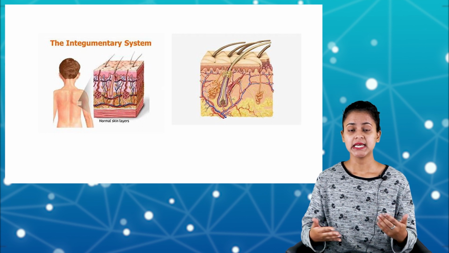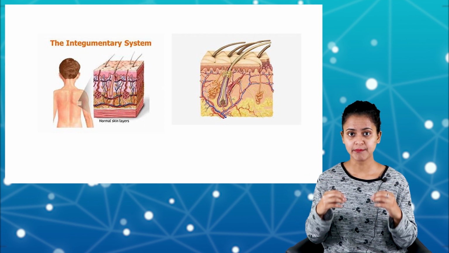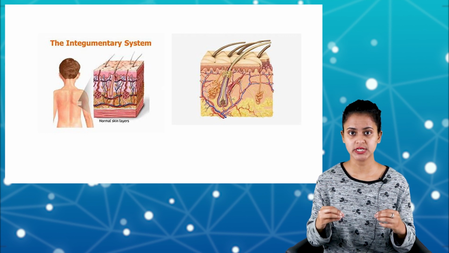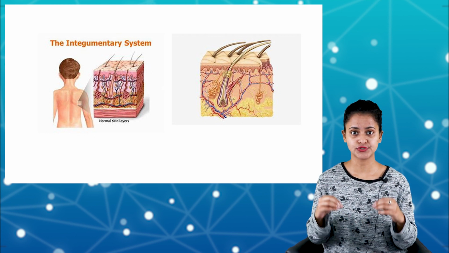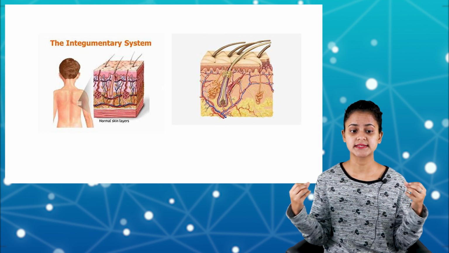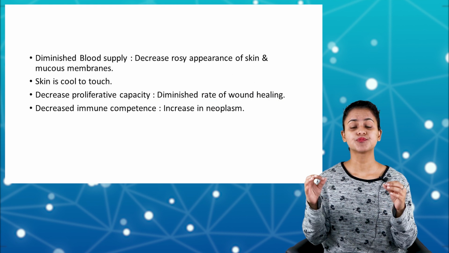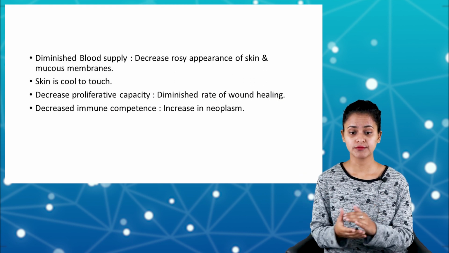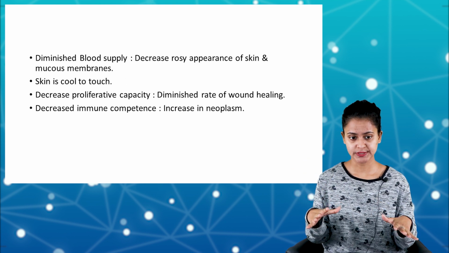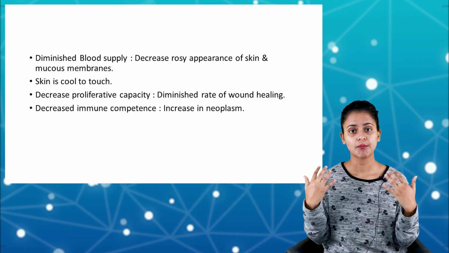We are going to see increased capillary fragility, which will often cause bruising in an individual's body. There will be an increase in focal melanocyte development. Diminished blood supply often will be present, which will ultimately decrease the rosy appearance of the skin and mucous membrane.